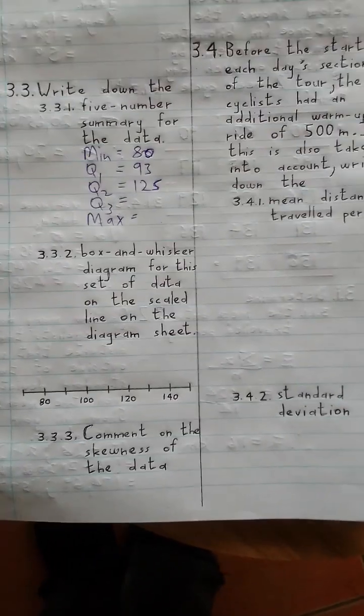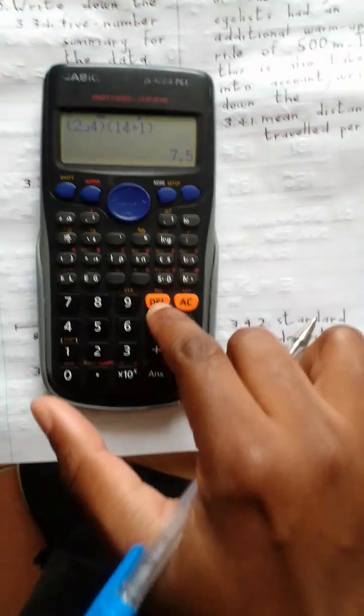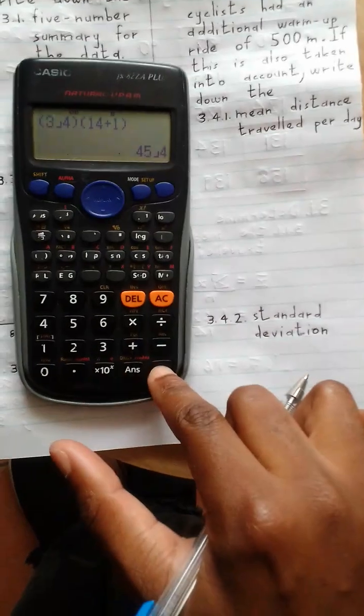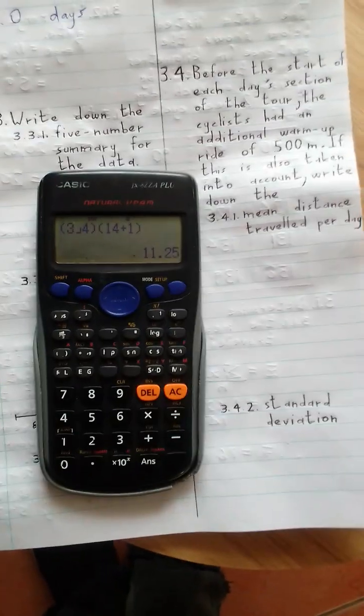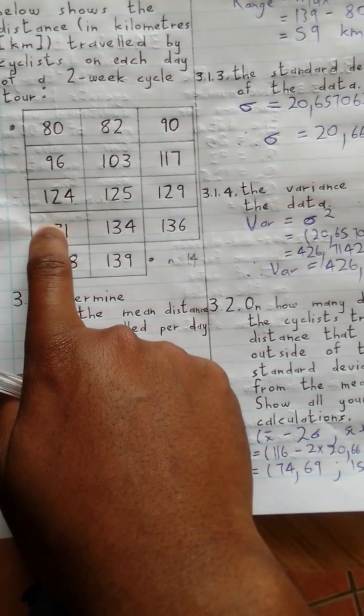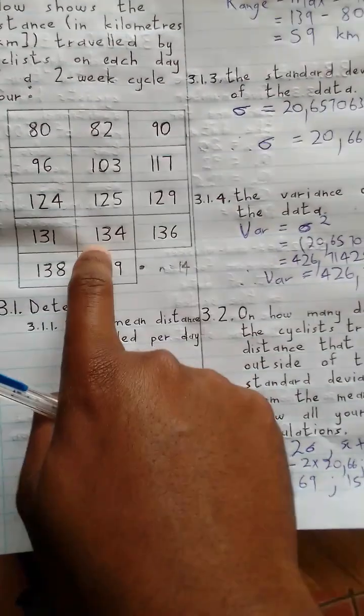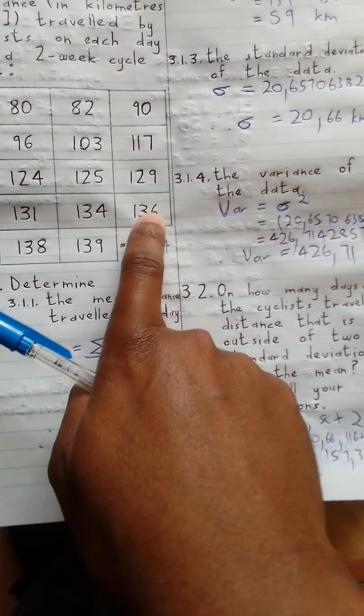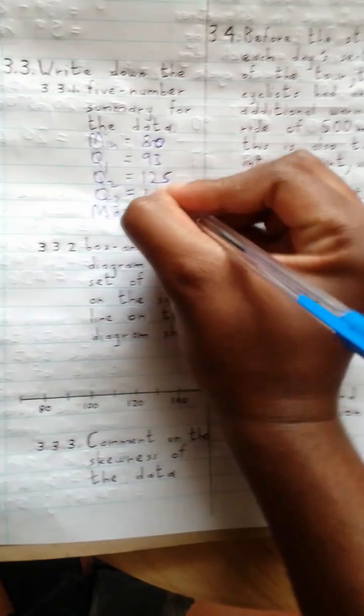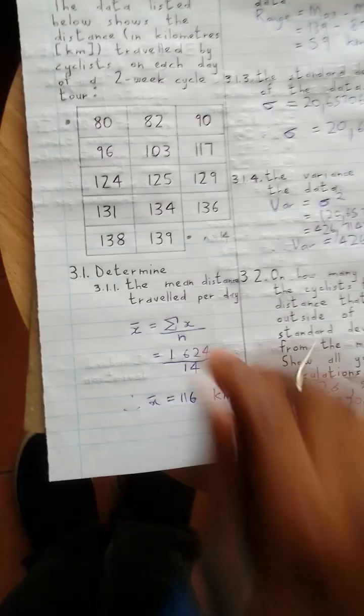Q3, 3 over 4, 11,25. So between 11 and 12. 1, 2, 3, 4, 5, 6, 7, 8, 9, 10, 11 and 12. 136 plus 134 over 2 is 135. The maximum is 139.